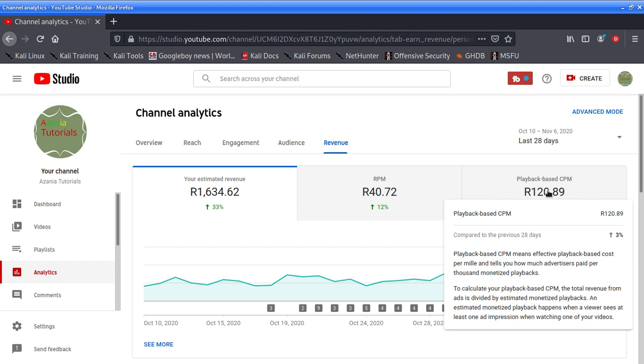There is some content which YouTube does not run adverts on. Why? Because the advertisers are not willing to pay, since the content does not relate to what they sell. That's why some videos have a low CPM. It means the advertisers who want to advertise on that video pay less, and another video has a high CPM.